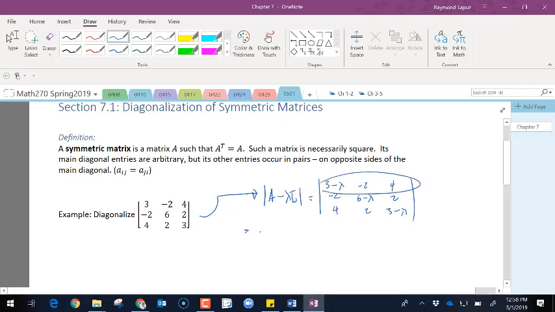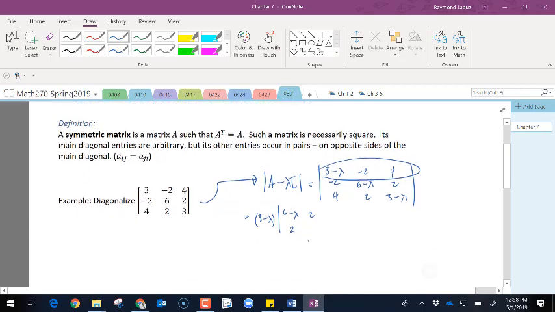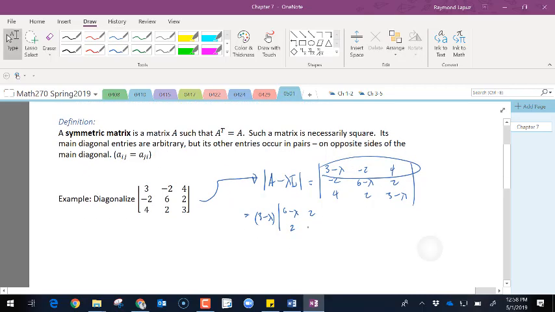So we have 3 minus lambda times the determinant of what's left, 6 minus lambda, 2, 2, 3 minus lambda. Then alternating, right? Positive, negative. So it's negative 2 times the determinant of 2, 2, 4, 3 minus lambda. And then a 4 times the determinant of 2, 6 minus lambda, 4, 2.